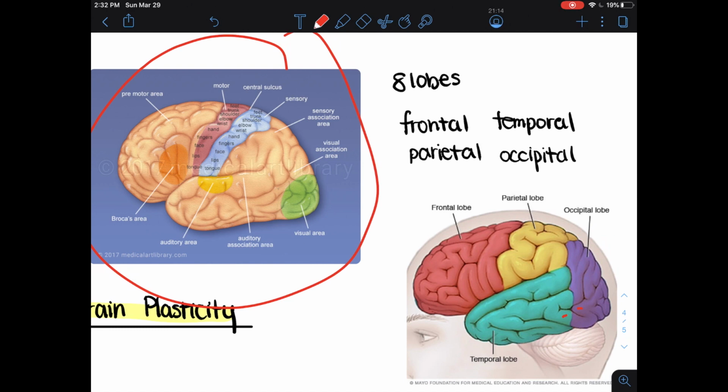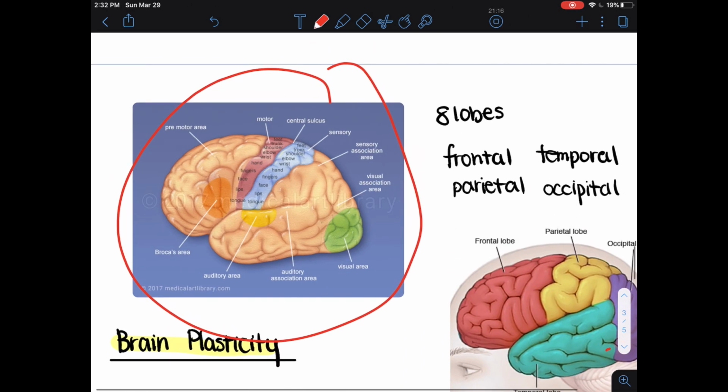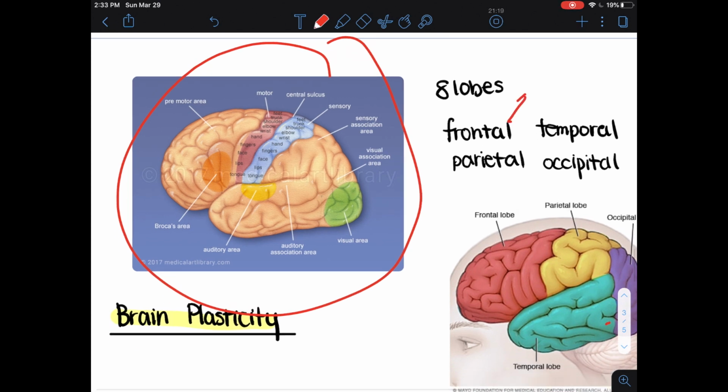The anterior is called prefrontal cortex. And what it does is that it directs you through processes, for example, predicting consequences, pursuing goals, maintaining emotional control, abstract thought. So anything that involves personality or planning is in your frontal lobe.